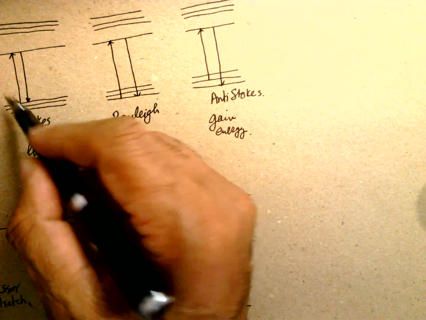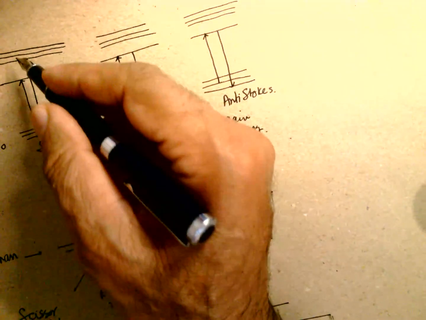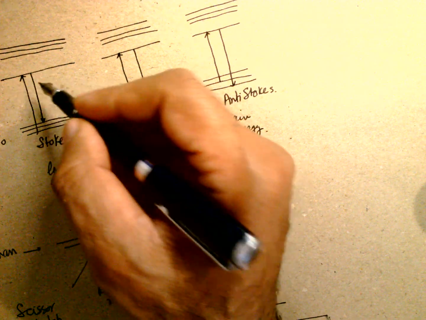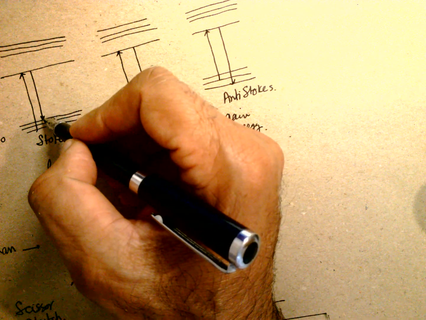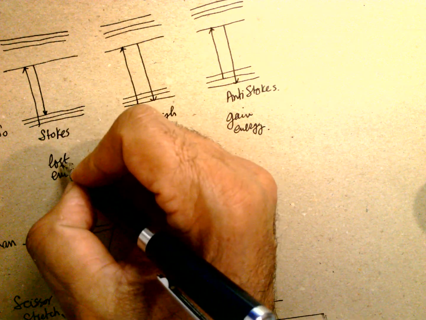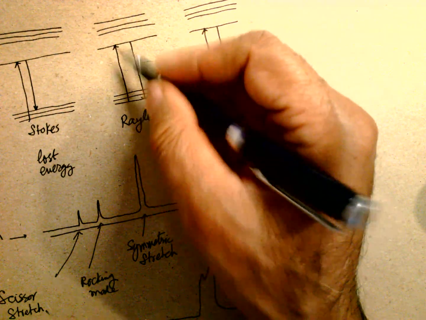So this is the Stokes line, so this is vibration, from ground to this one, and this comes to any virtual state. So this is Stokes. This is a loss of energy, and this is Rayleigh, the same energy.